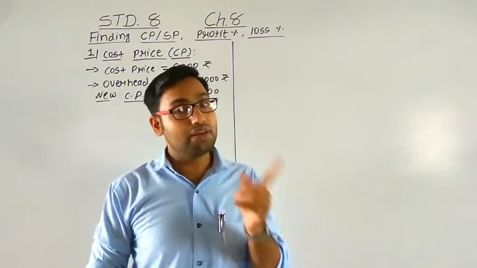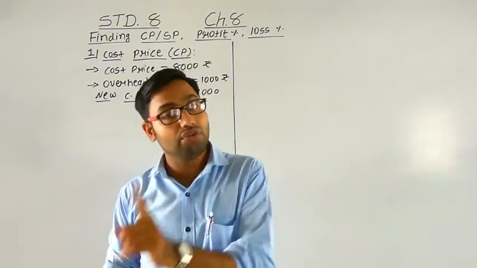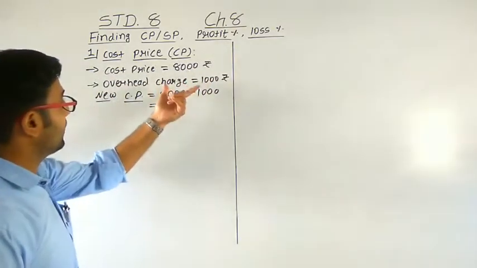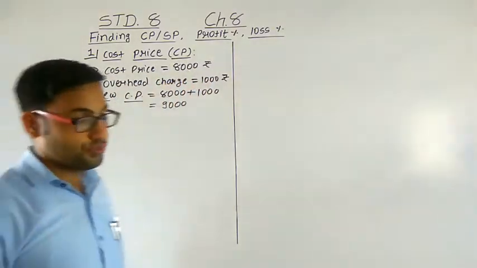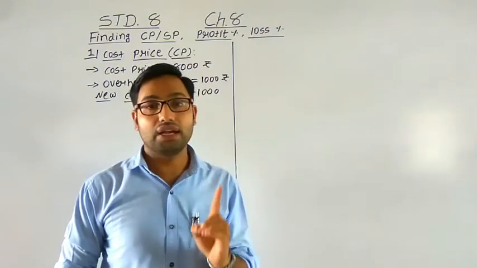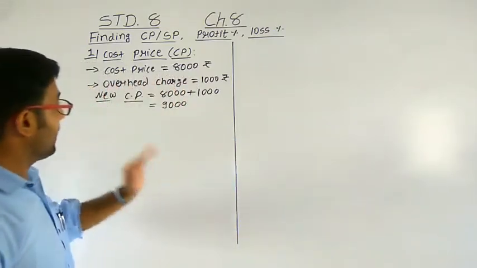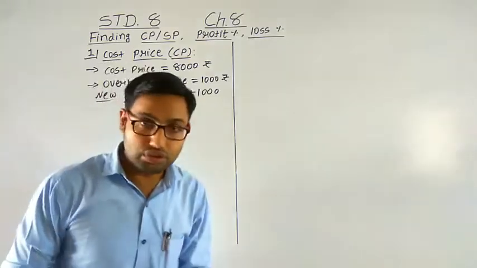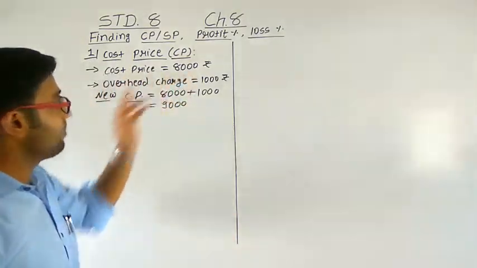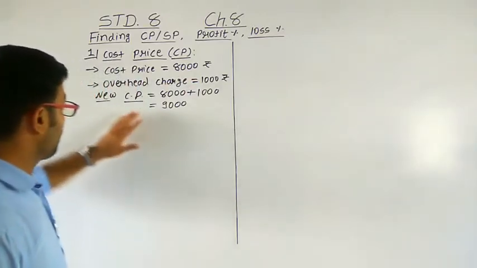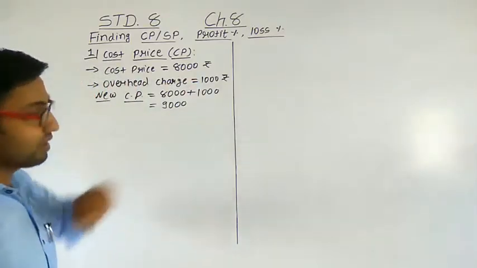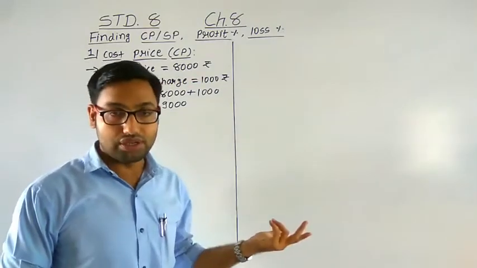So how much will the new cost price be? It will be 10,050 rupees. Keep in mind, this overhead charge we have to add to the cost price. Whenever we calculate the cost price, if you have any overhead charge, we have to add this charge to the main cost price. So your cost price now will be taken as 9,000 whenever we have to calculate something.